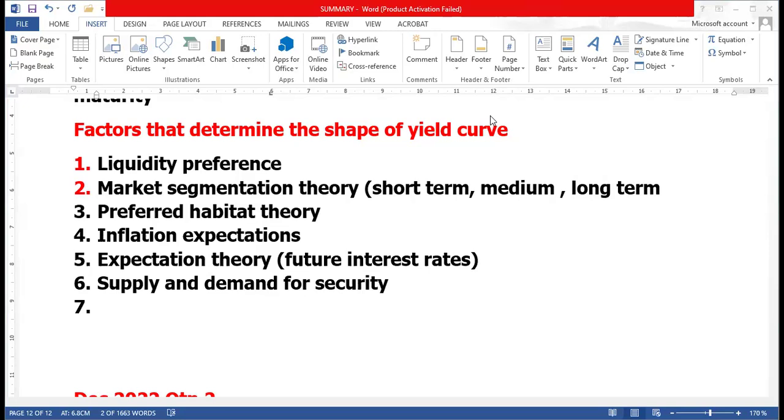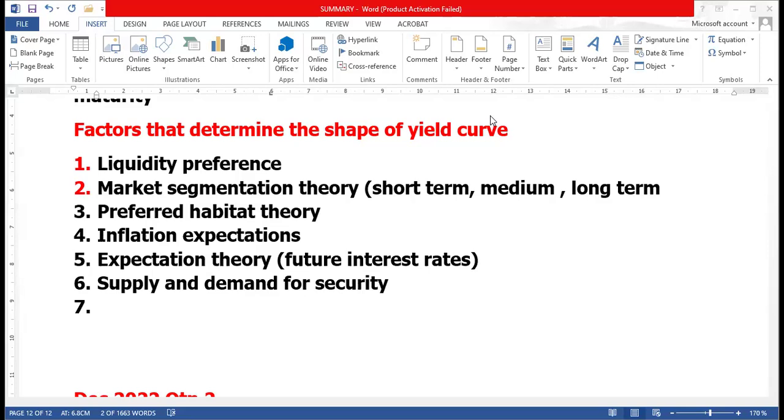Just in simple terms, it basically says that investors have a preferred maturity. That is the habitat. Just look at it in terms of the maturity period.